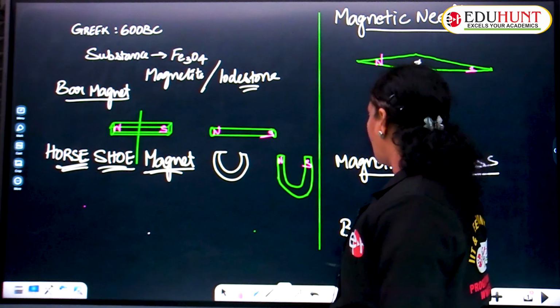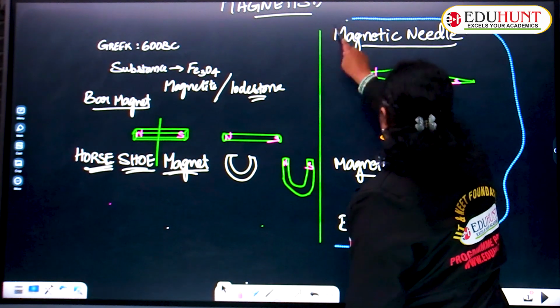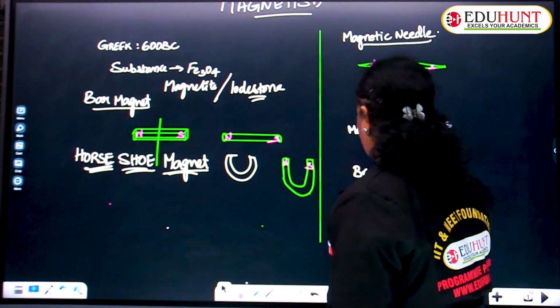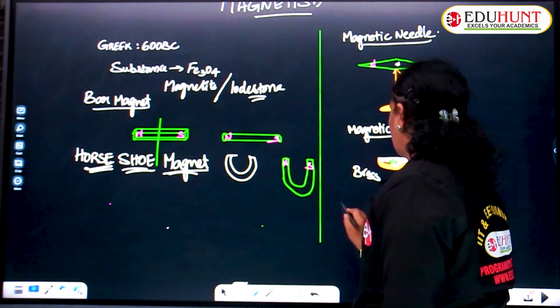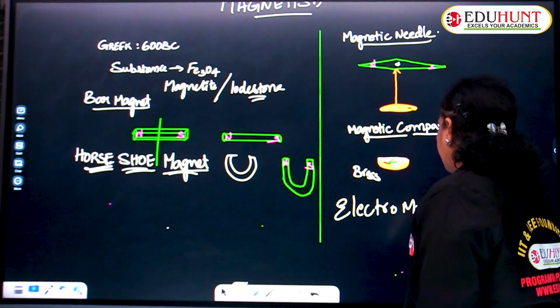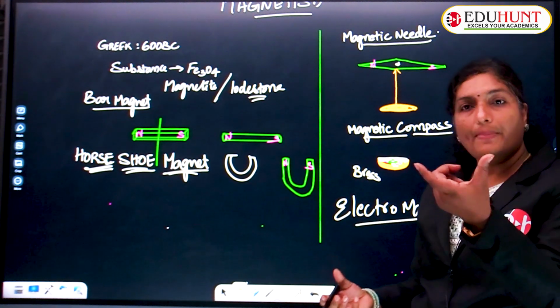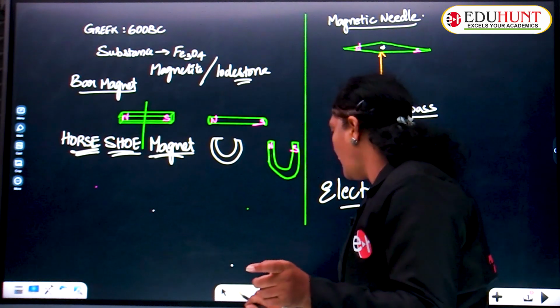The last one is all about the electromagnet. So what is an electromagnet, children? You need to consider a bar magnet, iron. First of all, take a piece of iron.